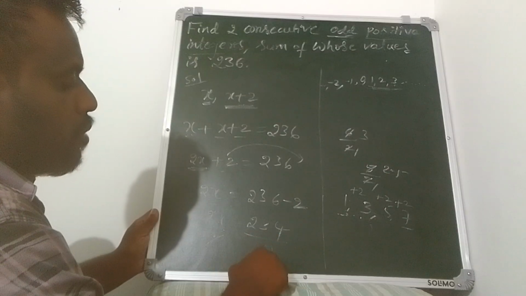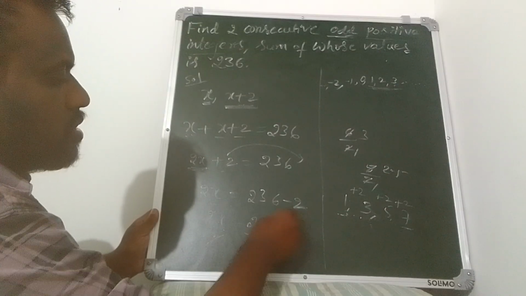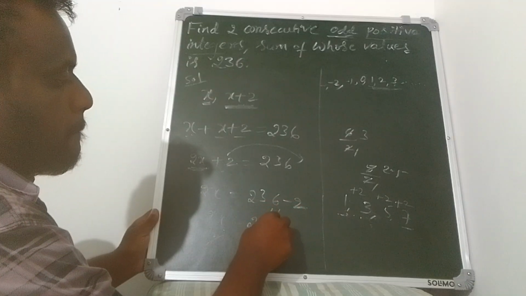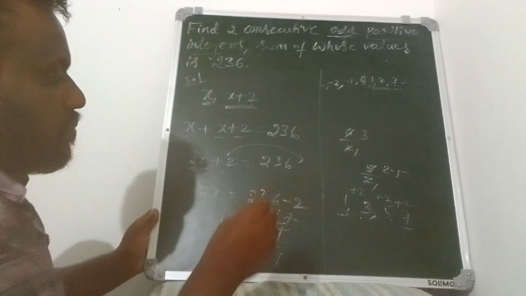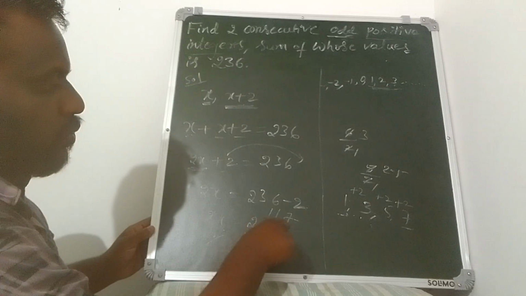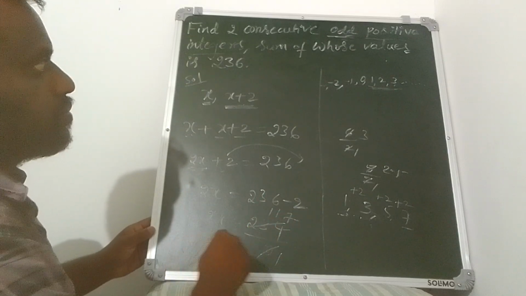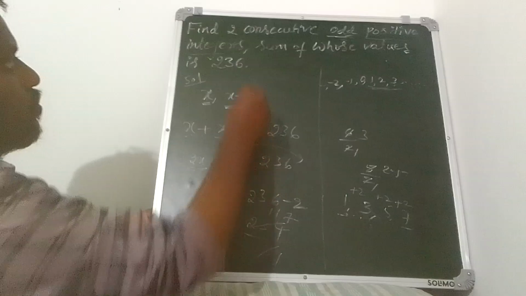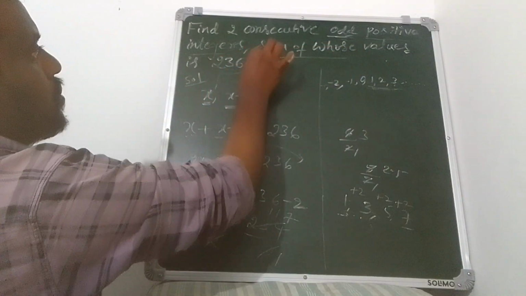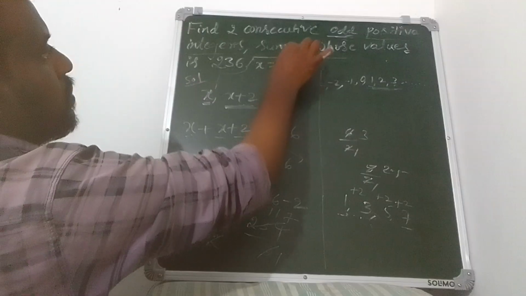Now 234 by 2, how much? When we divide 234 by 2, we get 117. So we got x is equal to 117.